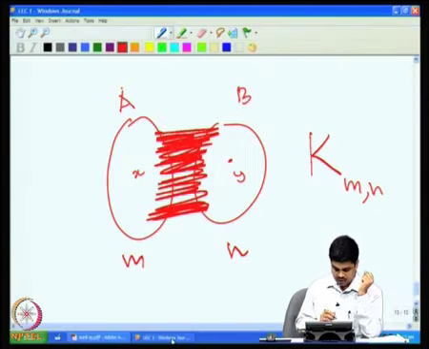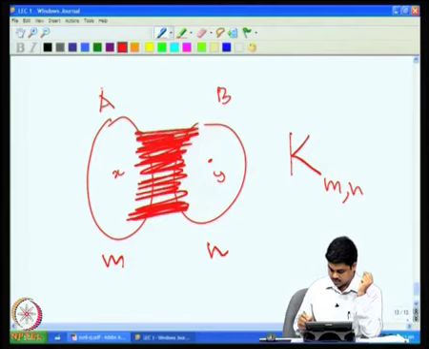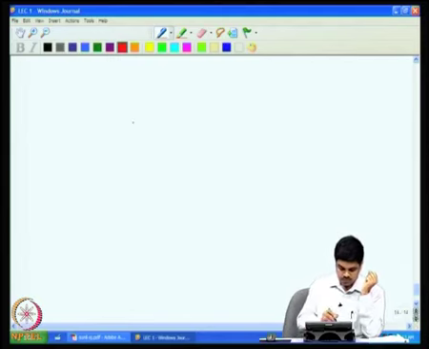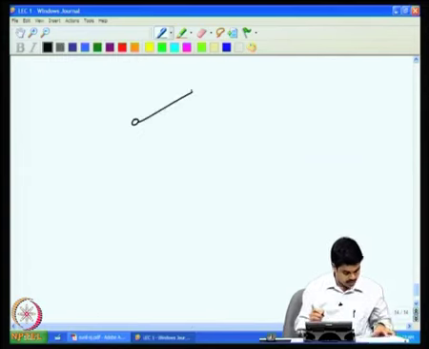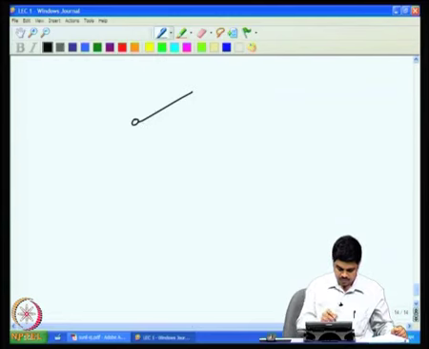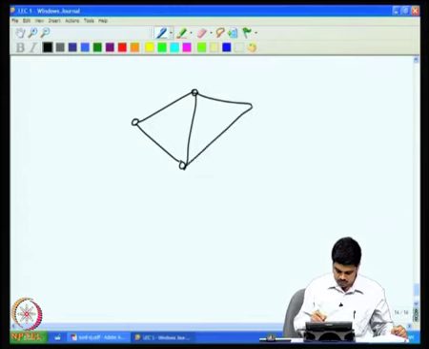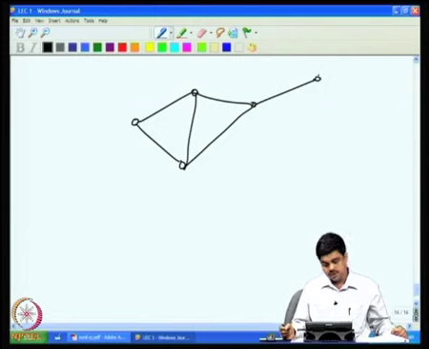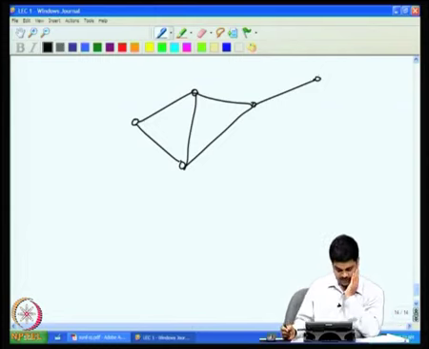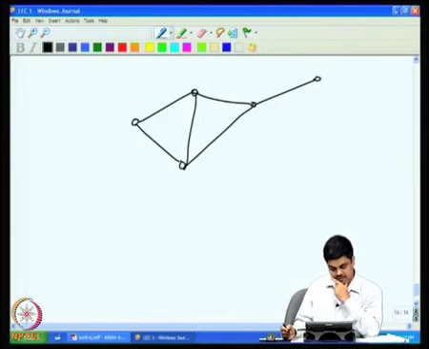So, let us take an example to explain this. Consider this simple graph. Now, I am asking for a collection of vertices such that every edge has one of its endpoints in this set.